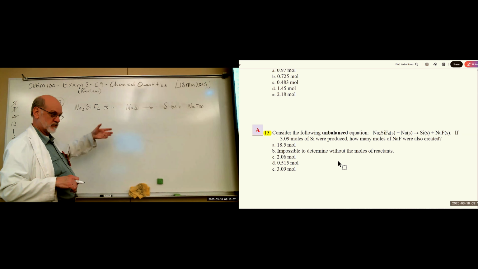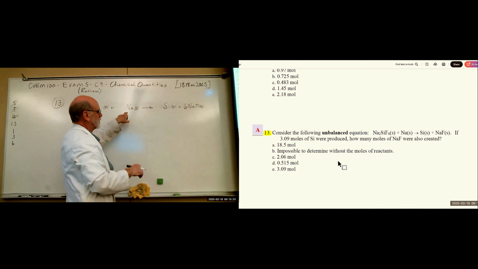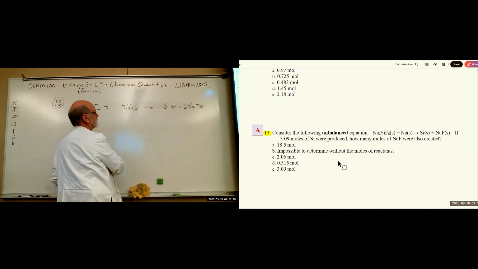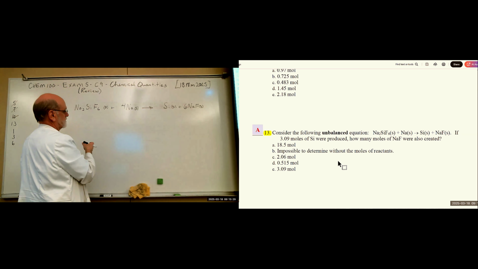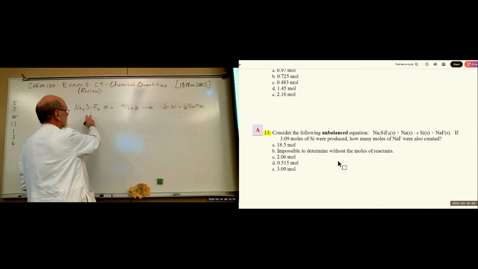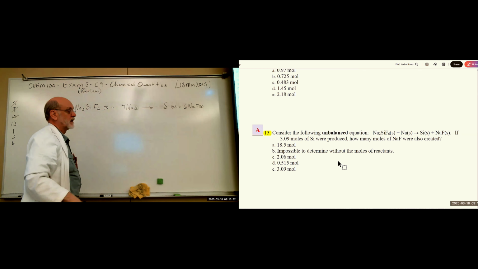So I'm going to start with fluorine. If we have 6 fluorine here, to make 6 fluorine, now we have 6 sodium. Well, we've already got 2 sodiums here, we only need 4 more sodium. Okay, that makes 6 sodium. And silicon, do we need to adjust the silicon? No, there's only 1 and 1. So we're balanced. And if you set up your budget, you can do that also. It just takes a little longer.